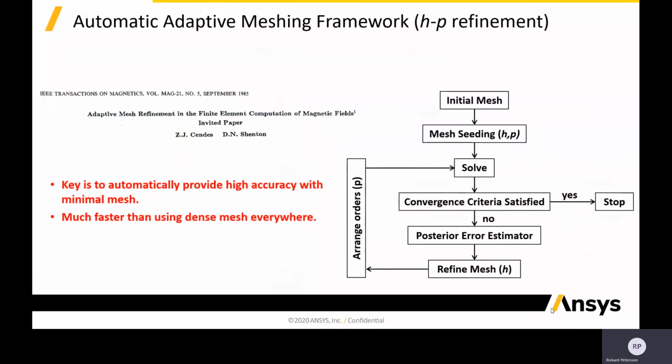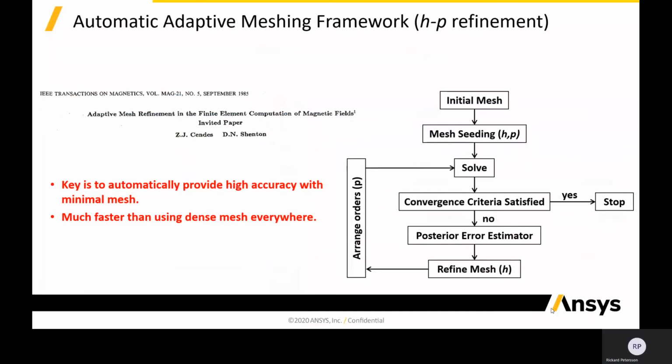Here's a flow chart that describes this method. We start with an initial mesh, and then we provide some automatic mesh seeding and some P refinement as well. And then we do our first solve. The first time around, you're not going to satisfy the convergence criteria, because it's based on comparing the results for 2 consecutive meshes.